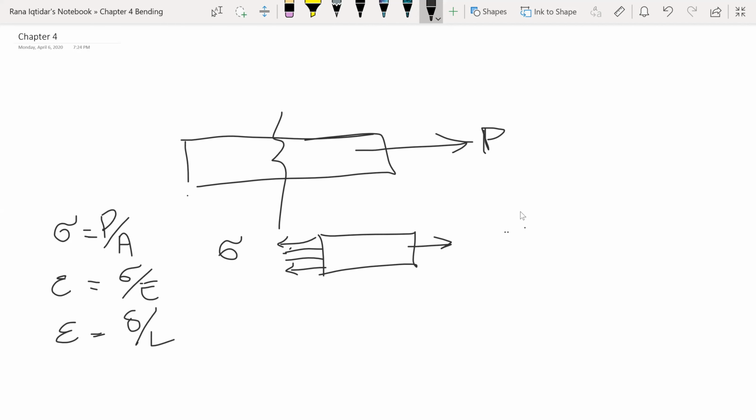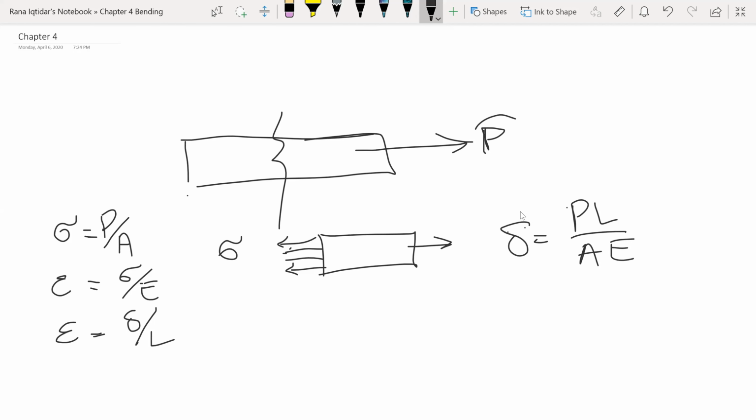So from there we calculated the del. Del was the extension and that was PL over AE. P was the load, this load.